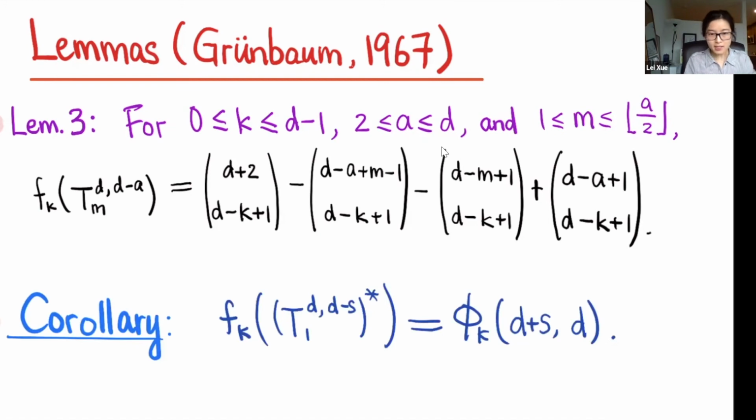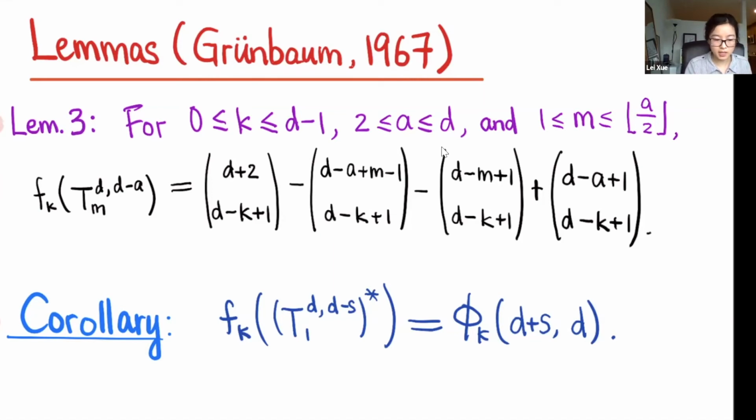Okay, and if we plug in m equals 1 and a equals s in the formula above to compute the f-vector of that polytope, and flip, because we want to look at the dual, then for each k we get exactly the formula we're looking at: phi_k(d+s, d).